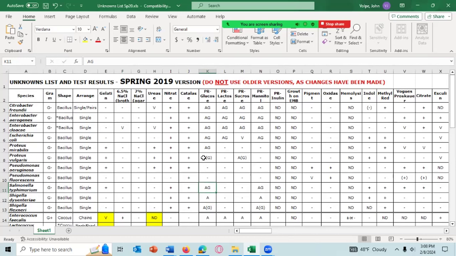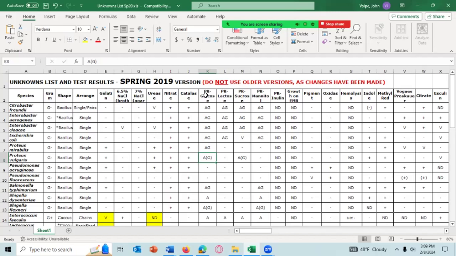For this table, you guys can ignore the parentheses. The parentheses mean that most of them are AG, but some of them are A. In our species, all of them will be as shown with the parentheses G. So you can treat the A parentheses G parentheses as AG. All right, any questions about this table?